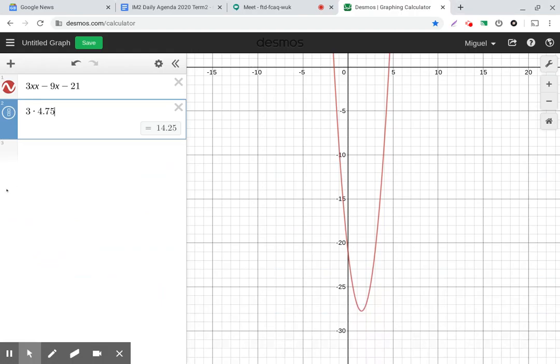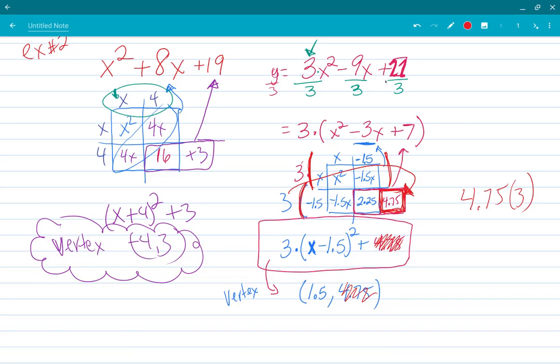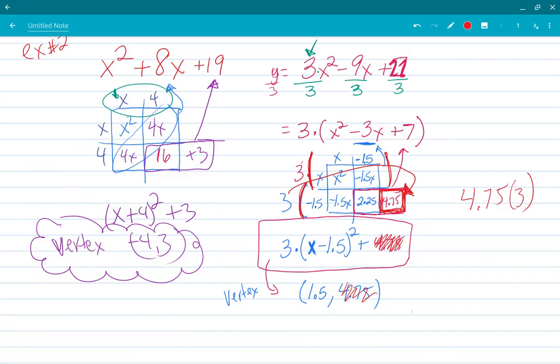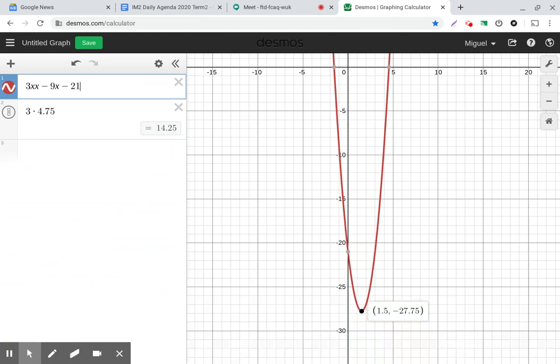One second here. Hold up. Did I mess up? 3, negative 9, negative 21. This vertex is, we got the x right, but this is actually 27.75. Hold up. Negative 3x squared, negative 9x.